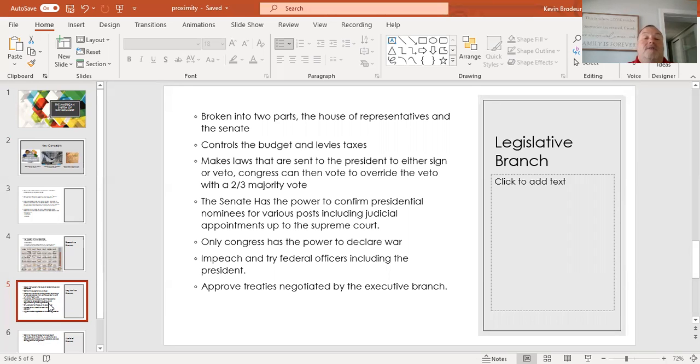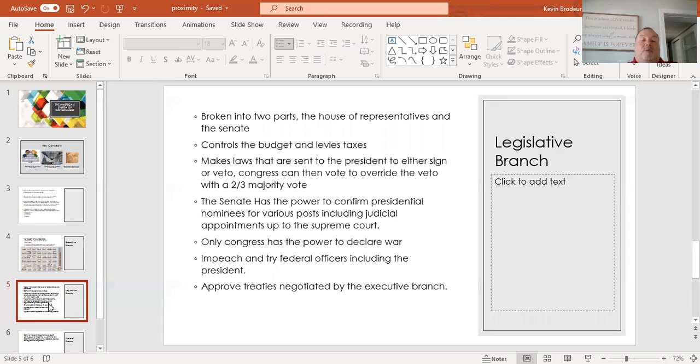The Senate has the power to confirm presidential nominees for various posts, including judicial appointments up to the Supreme Court. Only Congress has the power to declare war. If you go back and look at the beginning of World War II, after the Japanese had attacked Pearl Harbor, Franklin Delano Roosevelt did not have the power to officially declare war on his own. He had to go before Congress and ask Congress, based on the specific situation, to declare war.